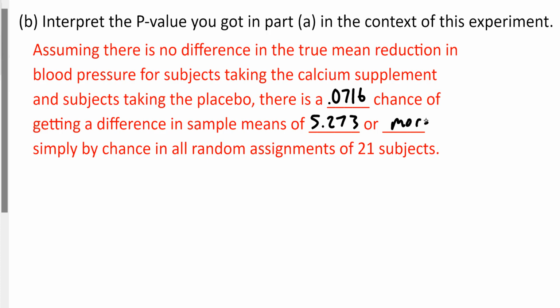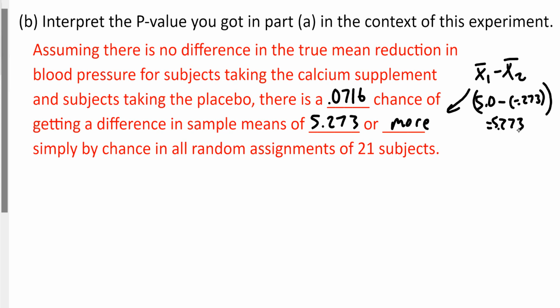Because the difference in sample means was x bar 1 minus x bar 2. So that would have been that 5.0 minus that negative 0.273. If you subtract those, you get 5.273. That's the difference between the two from our samples, just by chance of random assignment of all random assignments of 21 subjects.